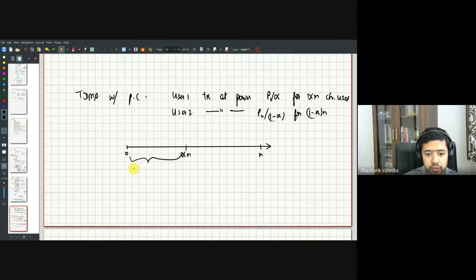In this duration, user 1 is active at power P1 by alpha, and the rate at which he will transmit is going to be alpha times C of H1 square P1 by alpha over sigma square, where the noise variance is sigma square. And user 2 is silent.